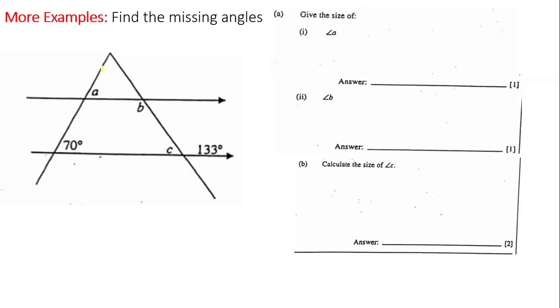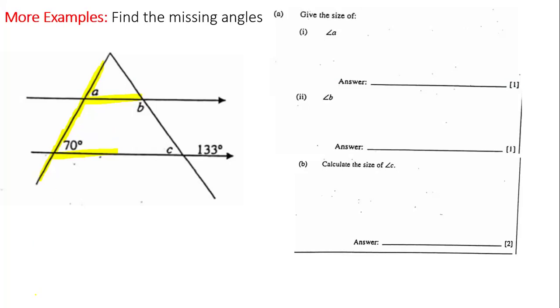So when we say corresponding, what does that mean? What letter do they form? They form an F. Corresponding angles form an F shape. So do we see the F? If it's to the bottom, then it would be co-interior. Exactly.